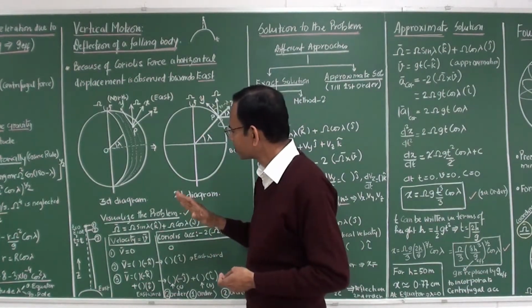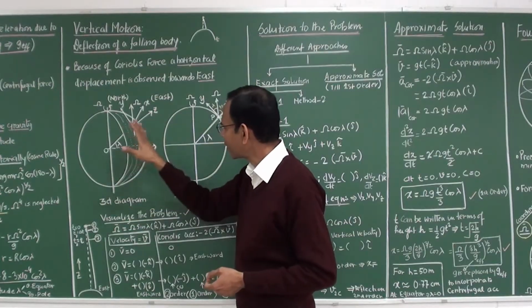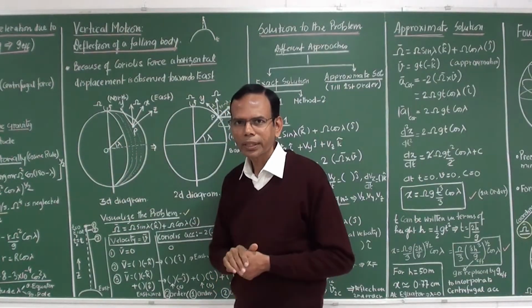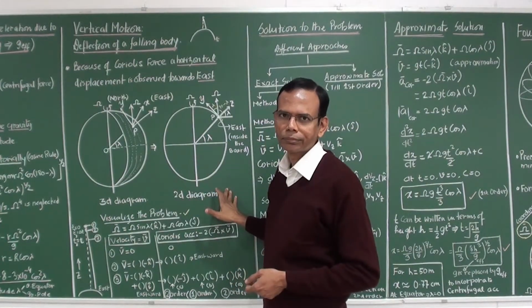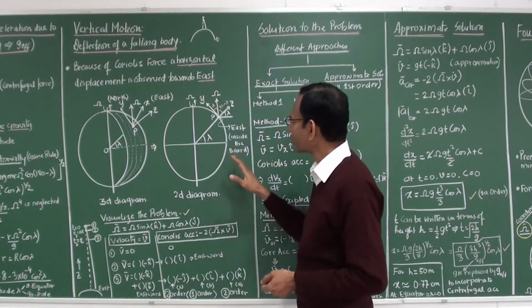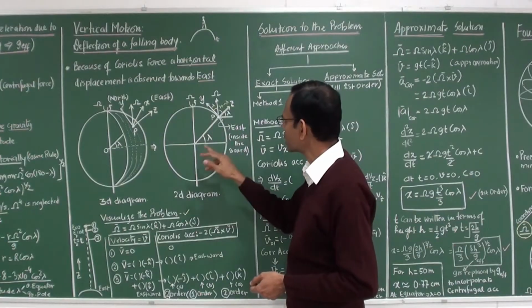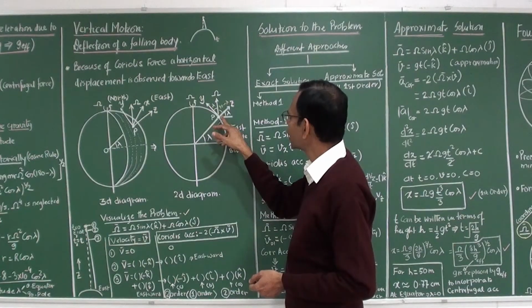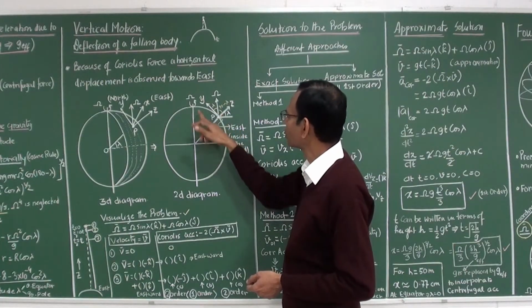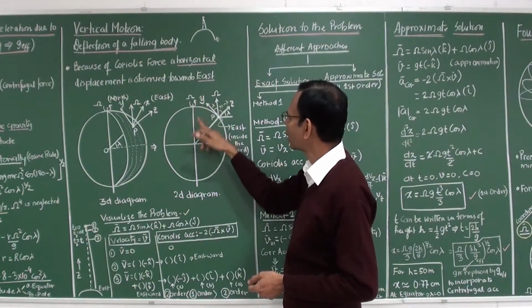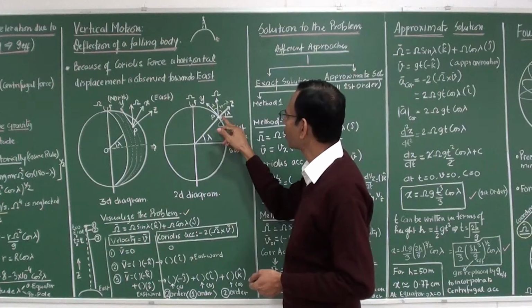Now what I have done, this 3D diagram, I have changed to a 2D diagram. In the 2D diagram, again almost the same thing, lambda, z is away, omega is straight along this direction, vertically up.